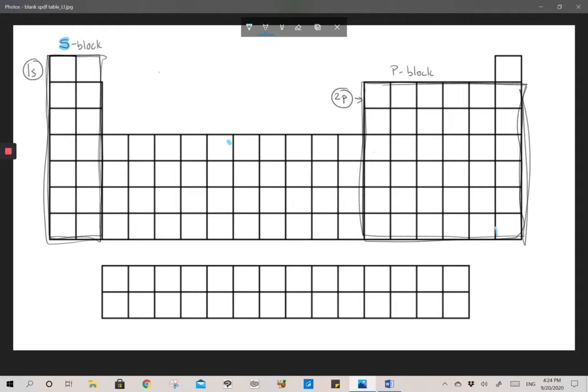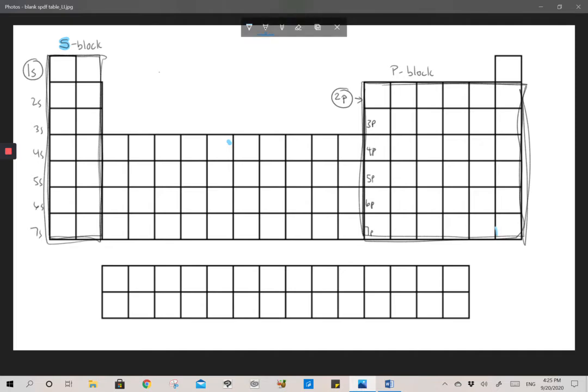Okay, so if you want, it's 3P, 4P, 5P, 6P, 7P, and this is your 2S, 3S, 4S, 5S, 6S, 7S.